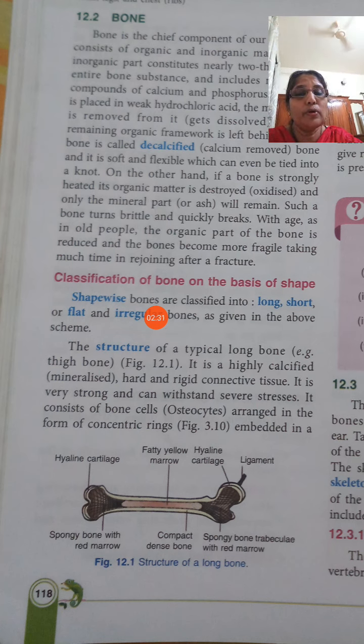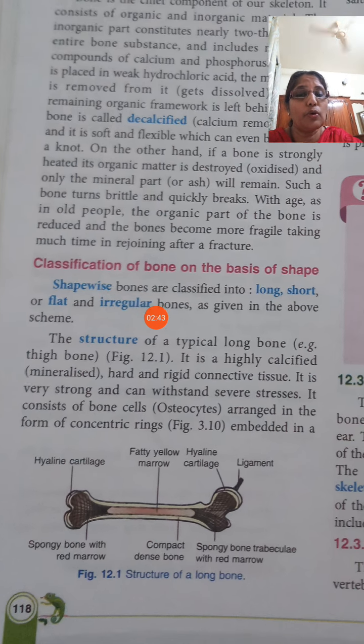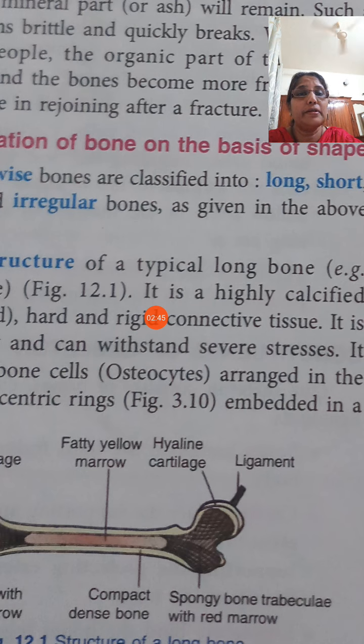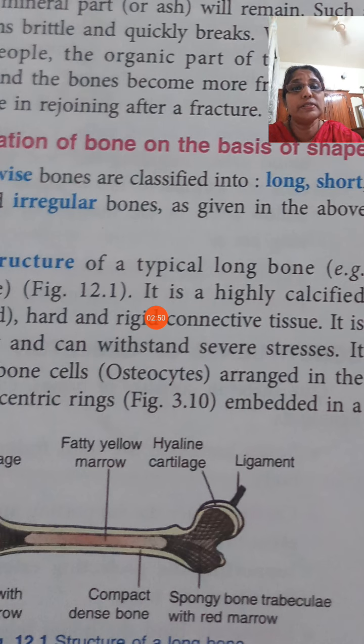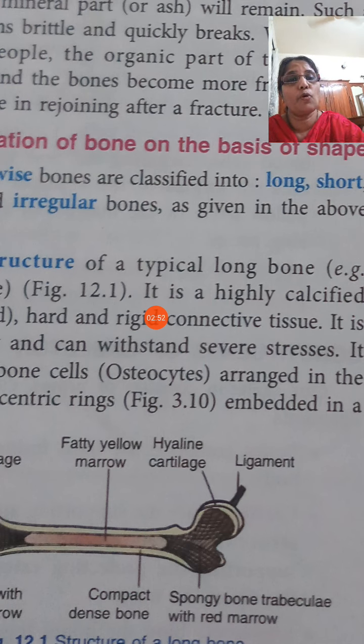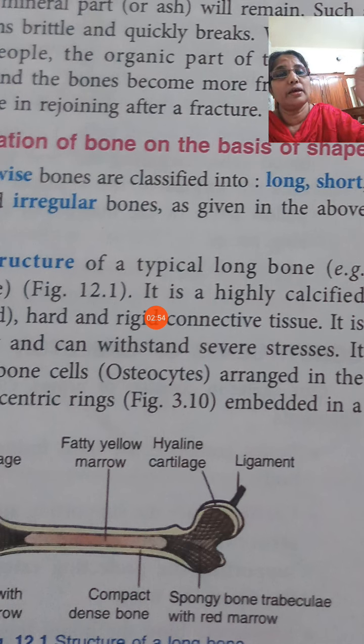Then the bone cells are the osteocytes. Its picture I shall show you later, as the picture is not here in your textbook. The osteoblast, also a bone cell or osteocyte, is a particular kind of cell that is arranged in concentric rings. You know that there is a smaller ring in one layer, and around that another set of osteoblasts.